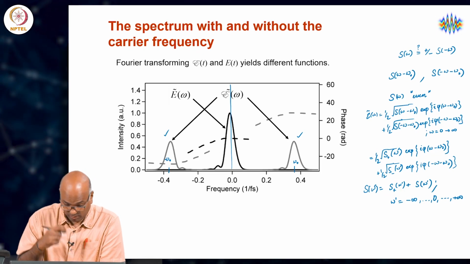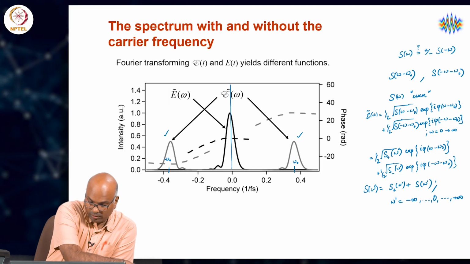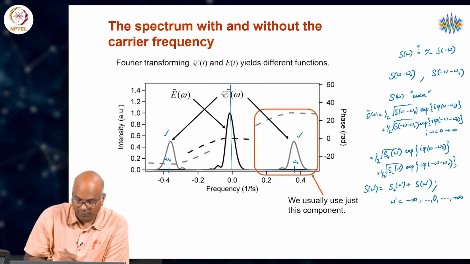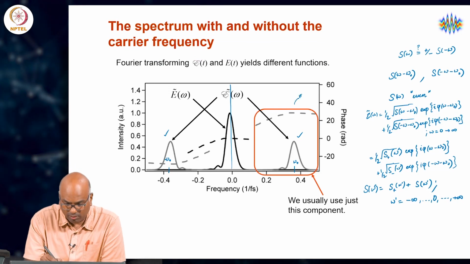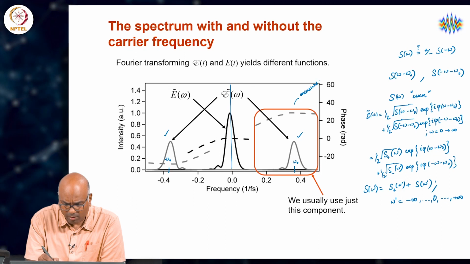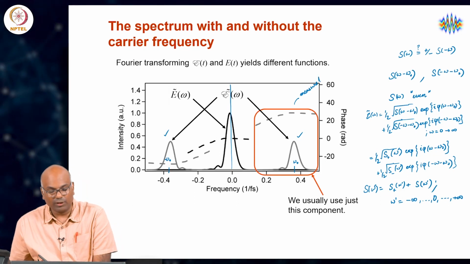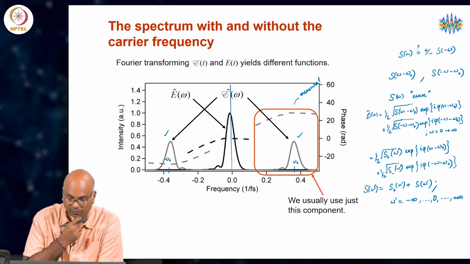As such, we only would have bothered about one piece of this, because this is what we measure, and the rest we do not measure. It's a consequence of the math.